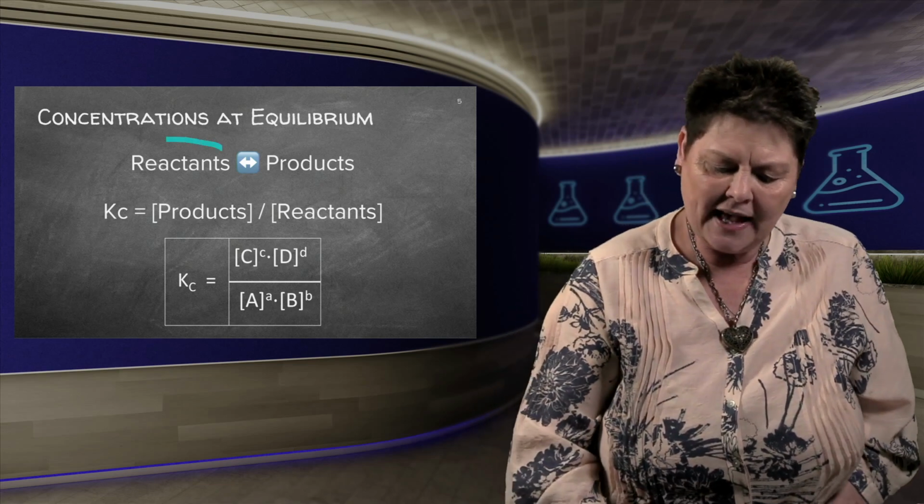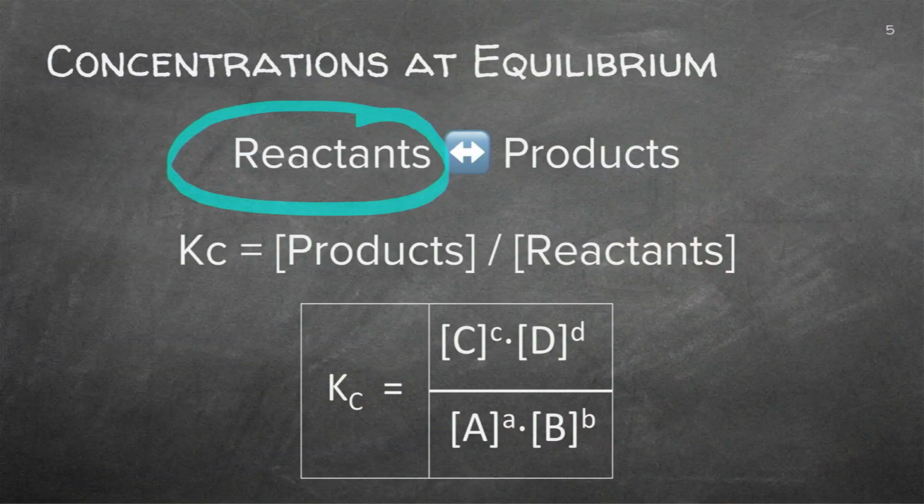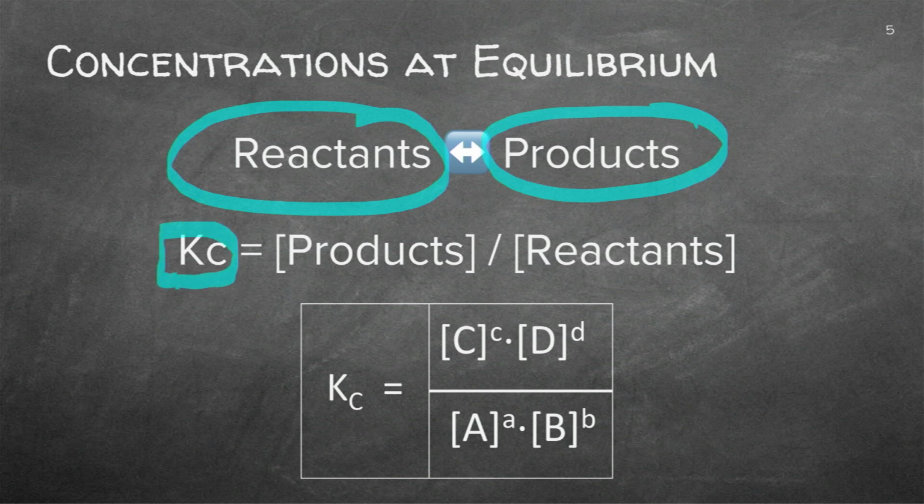So if the reactants remain the same and the products remain the same, we're now going to put it into this, which we call the equilibrium constant. It's K, it's a constant, and it's C because it's concentrations.